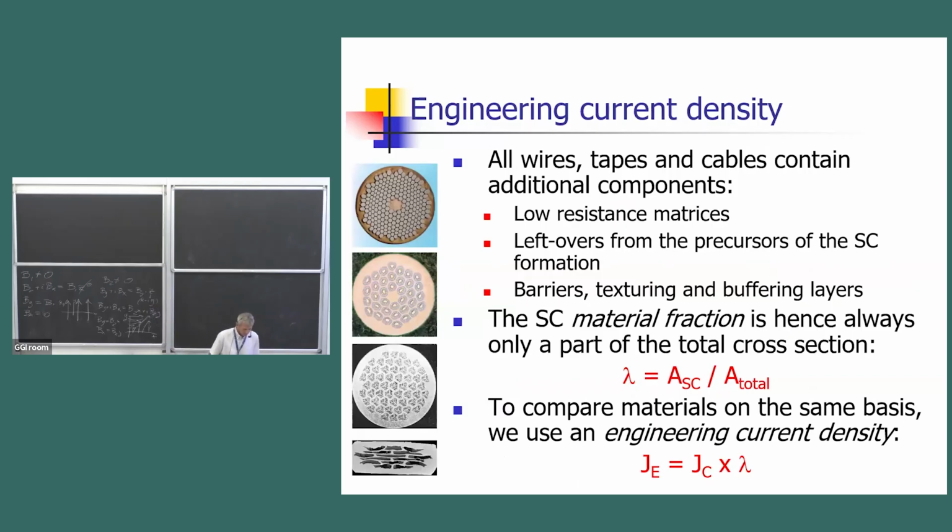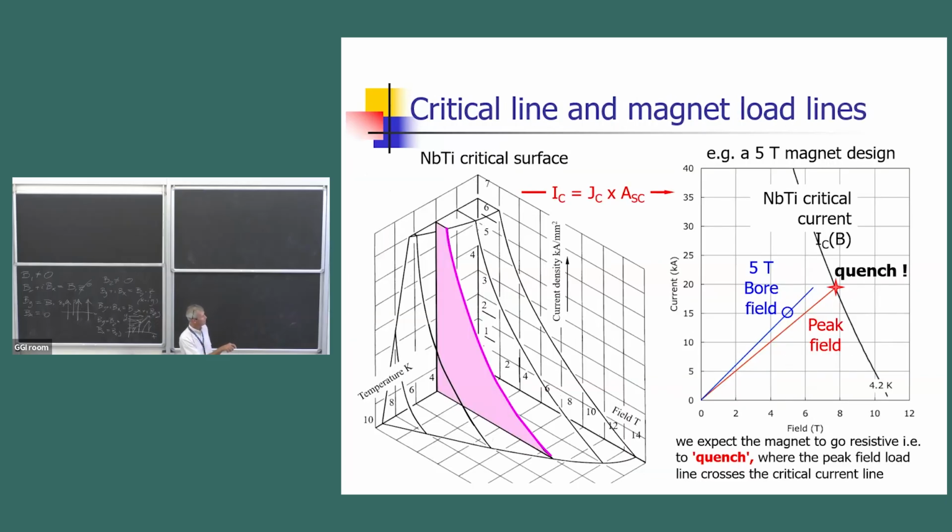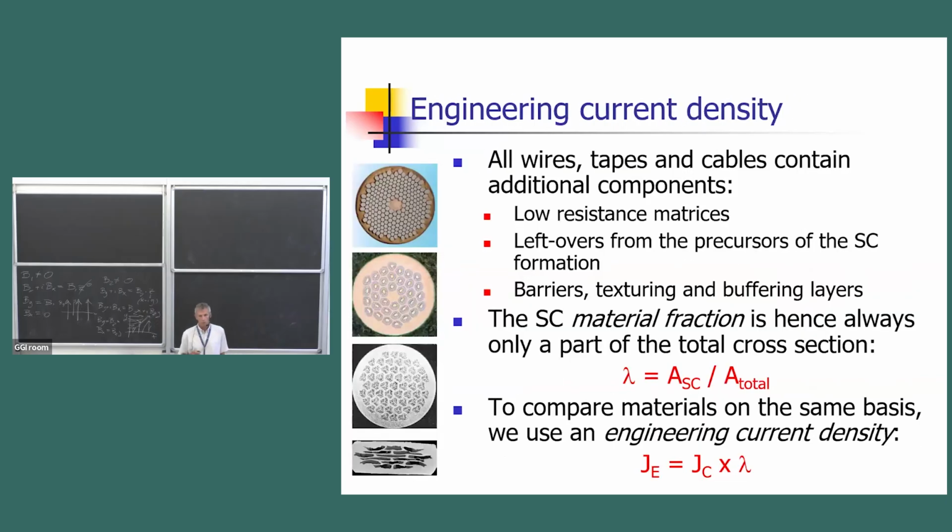before we talk about how we deal with the quench, let's look at how we compare the material, sorry. So as you've seen before, all the wires and cables contain additional components. When I talk about critical current density, I usually refer to the superconductor, but different superconducting wires come in different forms, and they may have different fractions of these materials, which can be copper, silver, Hastelloy, and so on in tapes.